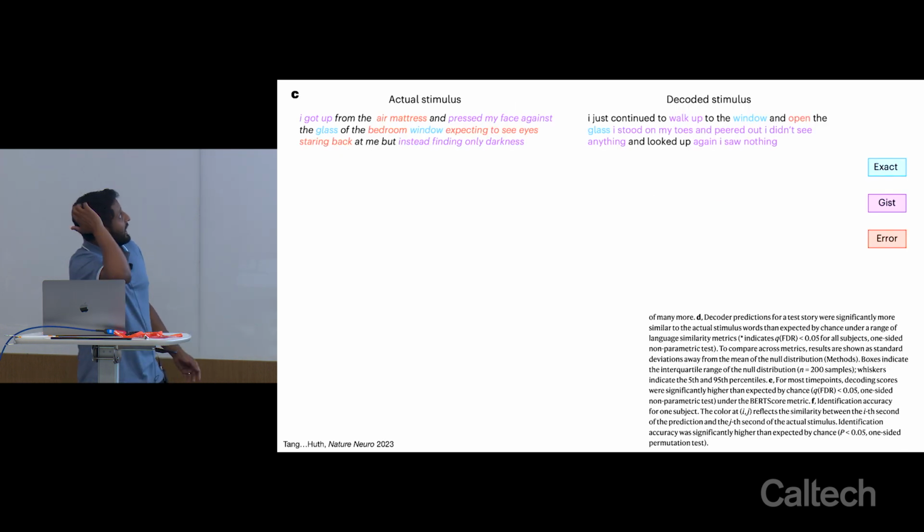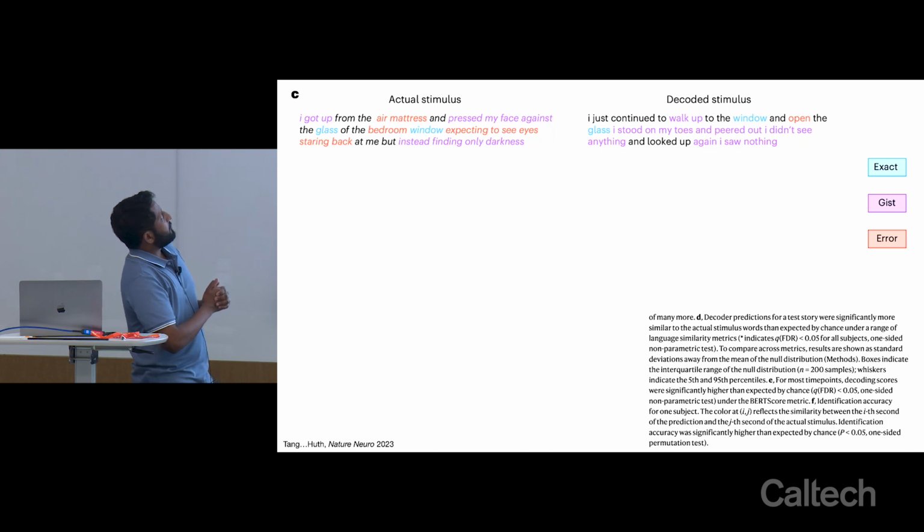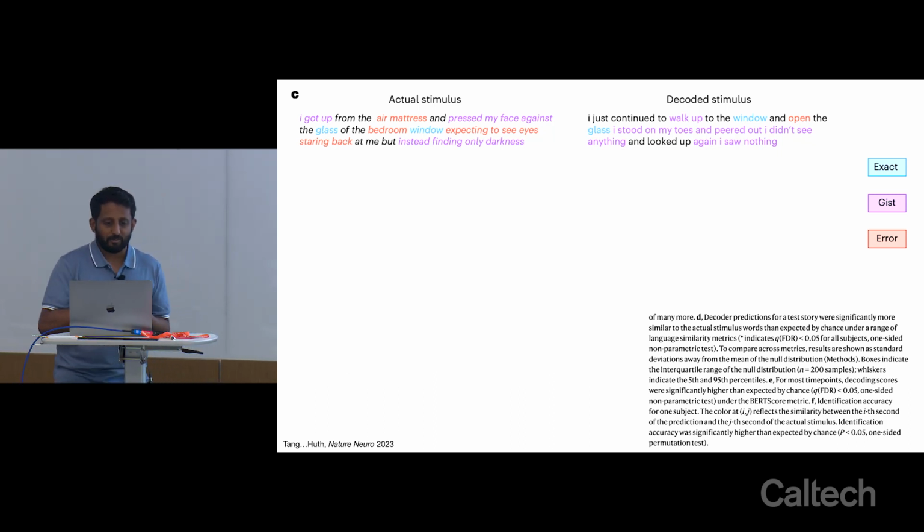So the actual stimulus is the thing on the left: "I got up from the air mattress and pressed my face against the glass of the bedroom window, expecting to see eyes staring back at me, but instead finding only darkness."